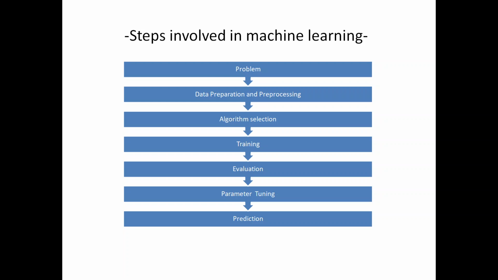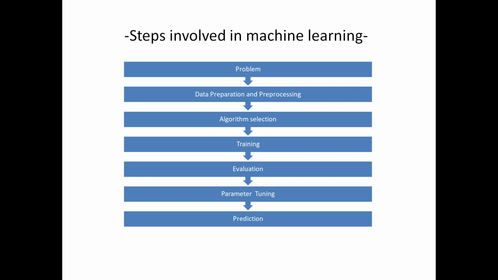The next step is data preparation and data pre-processing. Based on the problem, the collection of data is done. Like in the previous example, we collected lots of images of cats and dogs based on our problem. And after the data collection, data pre-processing is done.